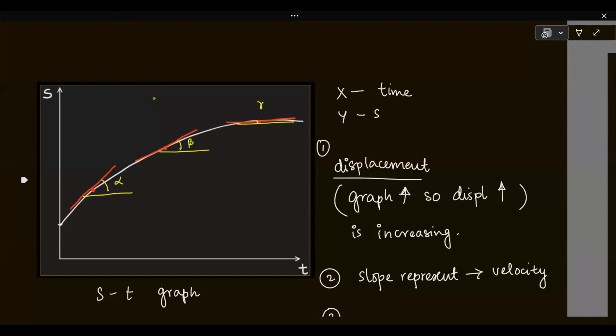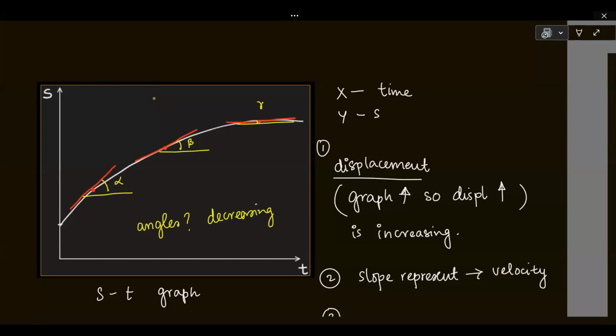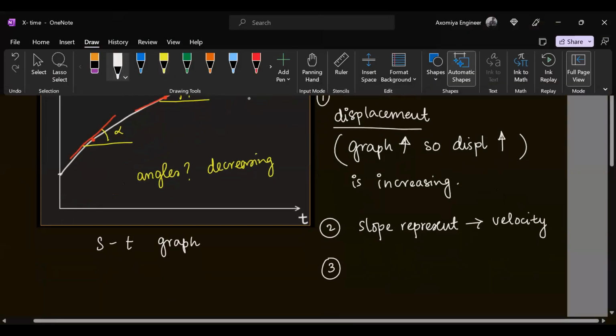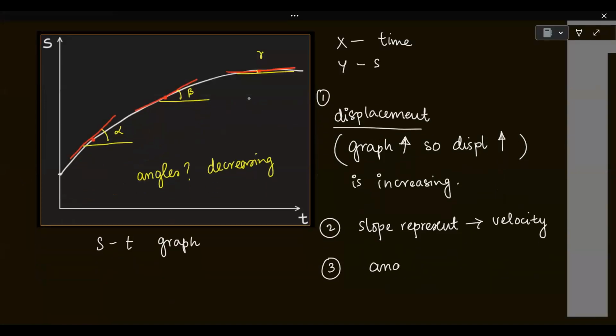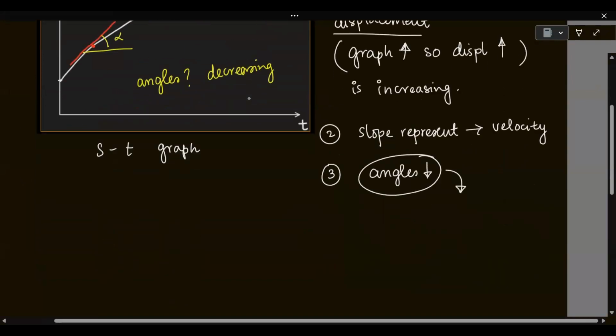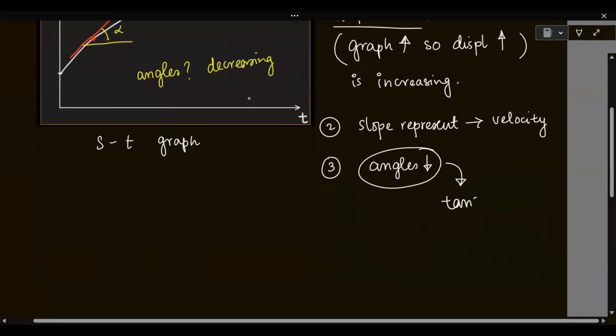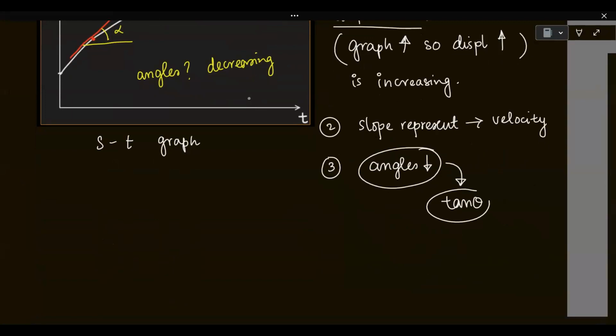So what is happening to the angles? They're decreasing. Okay, I'll write my whole thinking process here. If angles are decreasing, this implies that tan theta is also decreasing. If tan theta is decreasing, then slope is decreasing, because tan theta gives the slope.